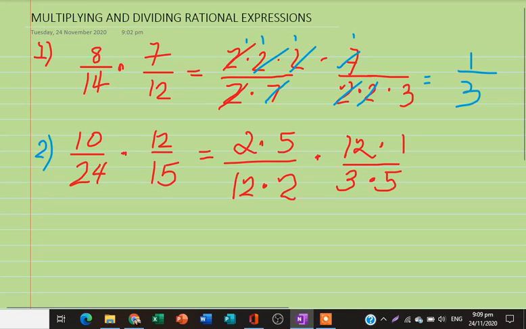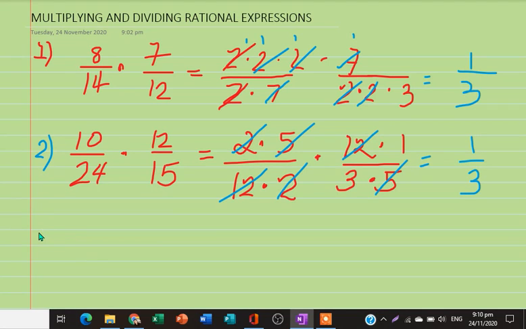Okay? So, we're going to cancel 2 divided by 2, 12 divided by 12, 5 divided by 5. Therefore, we have now 1 over 3, another 1/3. Okay?